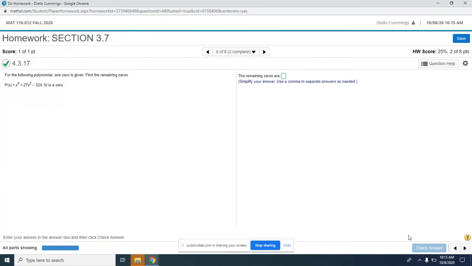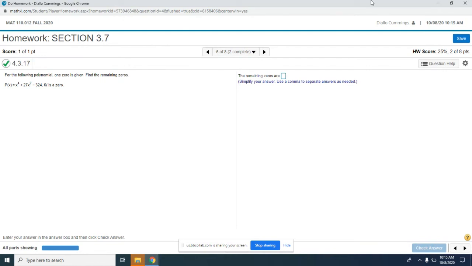Notice that first off, we're dealing with a fourth degree equation, which means that we should have 4 zeros. And we're given that one of the zeros is 6i. Keep in mind that zeros come in conjugate pairs.